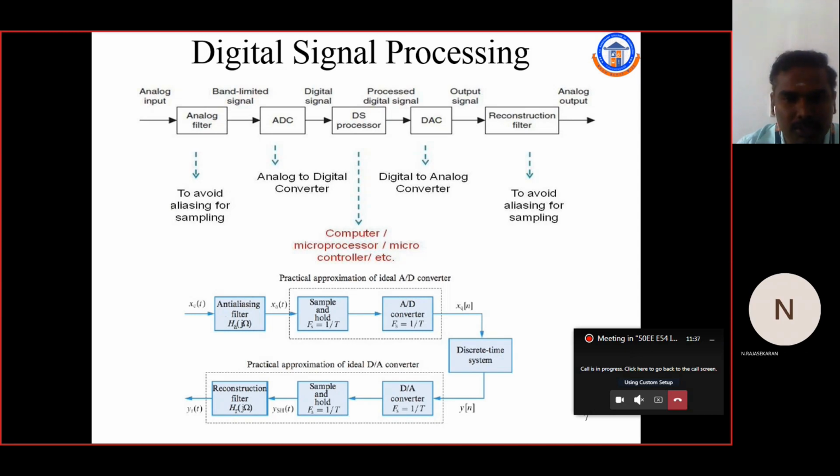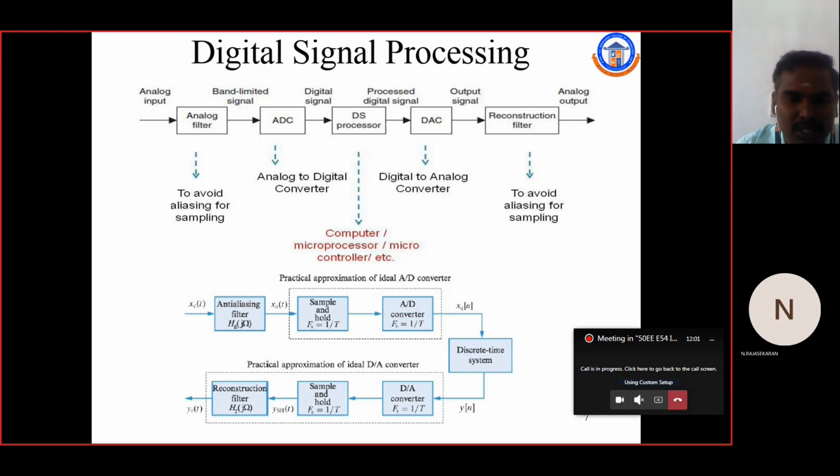In the digital signal processor, we have certain sequences for an ideal A to D converter and D to A converter. First we give the continuous time signal x of t to the anti-aliasing filter. Then it filters the noise signals and gives them to the sample and hold circuit.